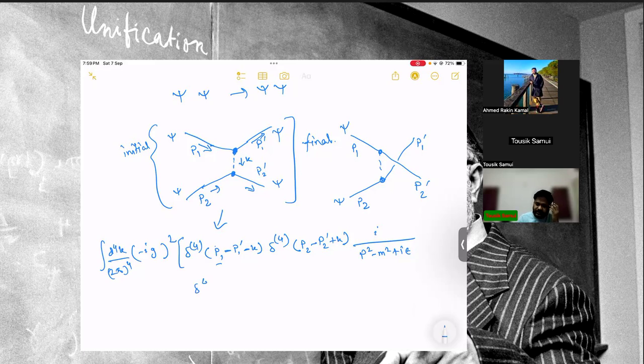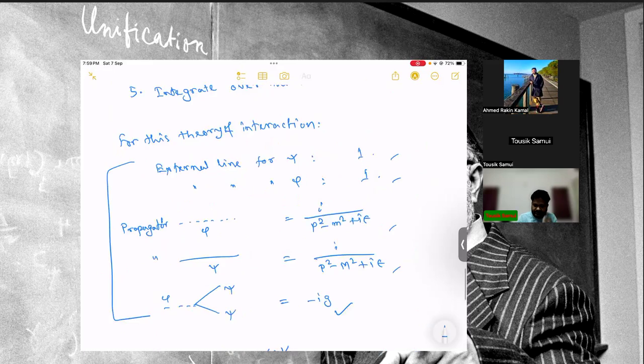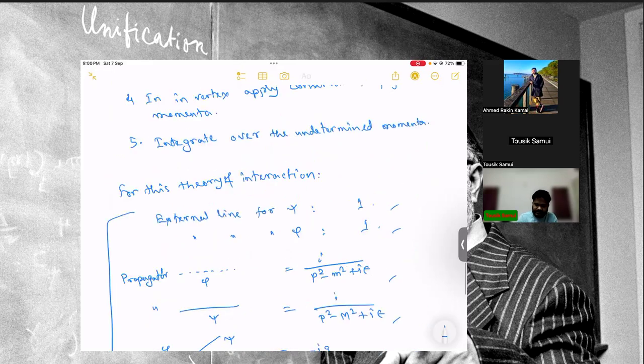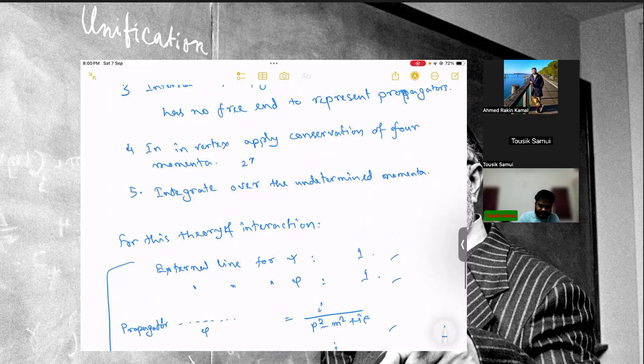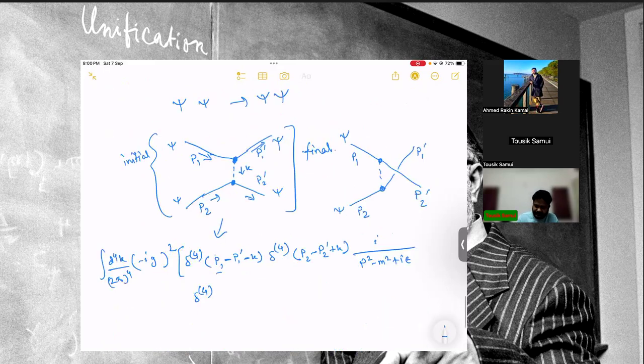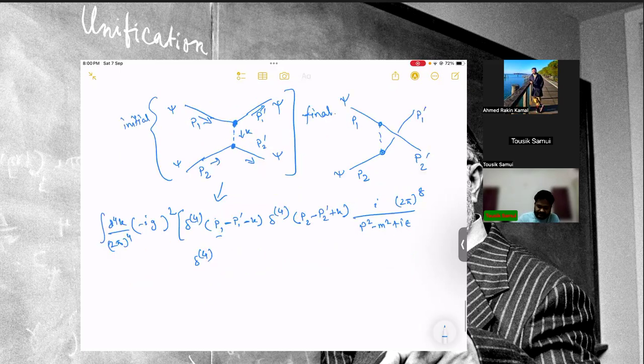delta 4. Okay, so when we do the momentum conservation, it basically says this is 2 pi, so we will have 2 pi whole to the power 8 factor from the 2 momentum conservations, and this is from the second term.